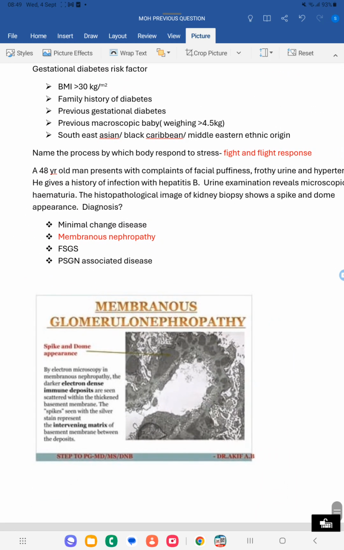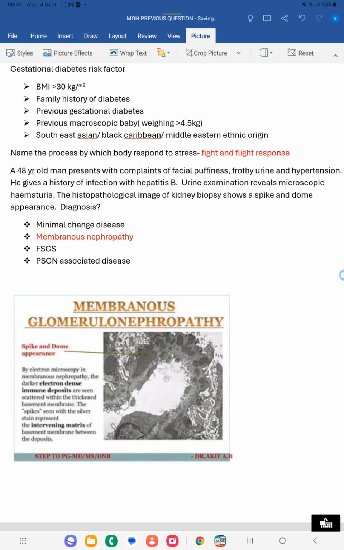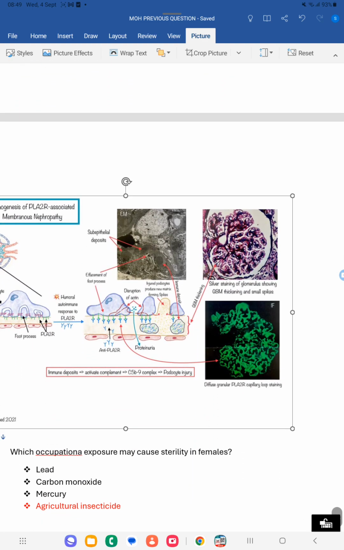Okay, so these are the main things regarding membranous nephropathy. In nephrotic syndrome, you get facial puffiness, and frothy urine because protein is passing through the urine. Hypertension, because the glomerular basement membrane has become inflamed. History of infection with hepatitis B: first they got hepatitis B infection, and after that an autoimmune action is generated against it, and through that way the kidney's glomerular basement membrane becomes inflamed, and this spike and dome appearance happens. The antibody creating this is anti-PLA2R.